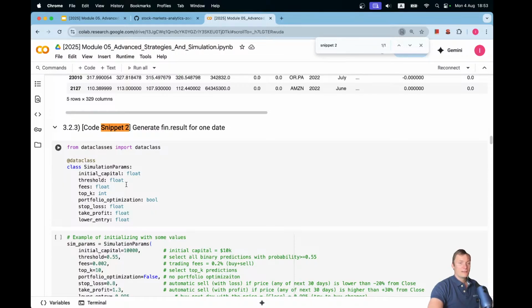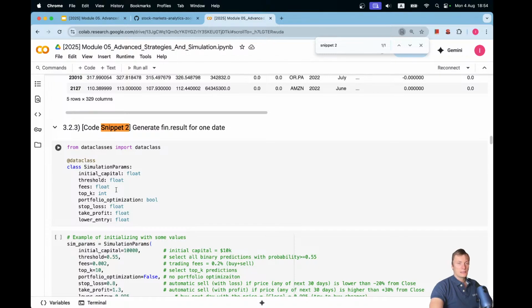So we can vary the threshold straight away and not use the many columns that we generated with the predictions. One probability column is enough to simulate for many thresholds. Then fees, so usually it's 0.1% for many brokers for one trade. So here we always use 0.2% for buy and sell operation from the total amount.